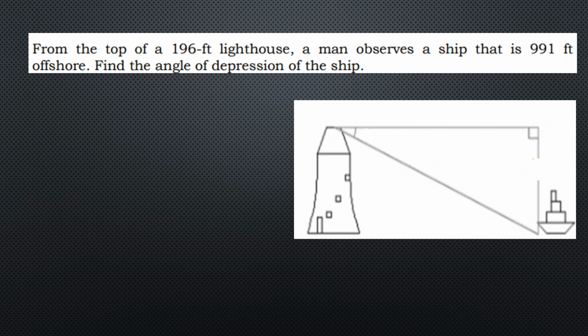And this one here is the same as the height of the tower. So let's check for the 196 feet lighthouse. That is the height of the tower, or the lighthouse. And then the 991 feet is the distance. It's the same here. 991 still.